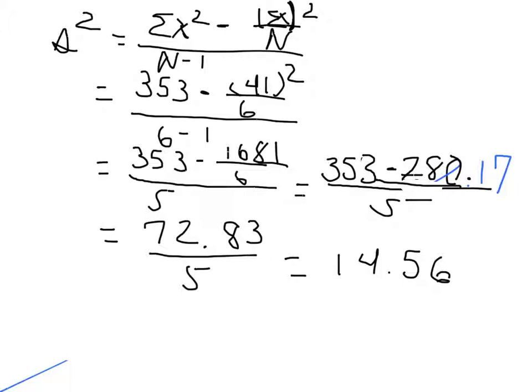Now, that's a very interesting concept, but the problem with it is it's in units squared. So if our original data set was dollars, this is going to be dollars squared, which doesn't make any sense, really. So what we're going to do is look at something called sample standard deviation.